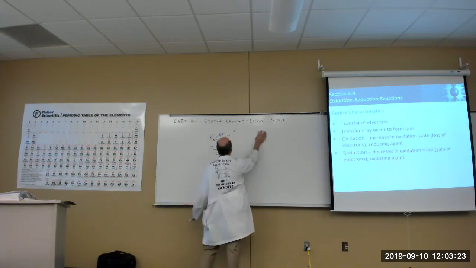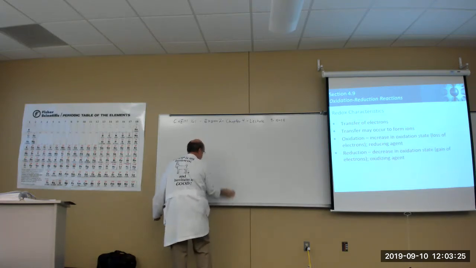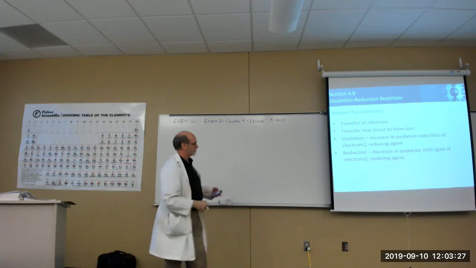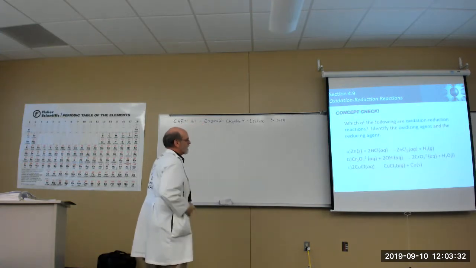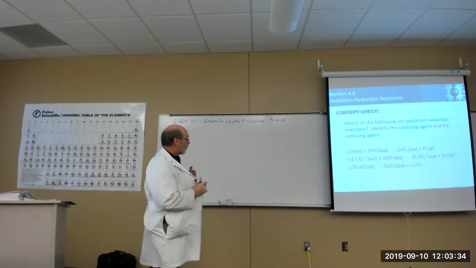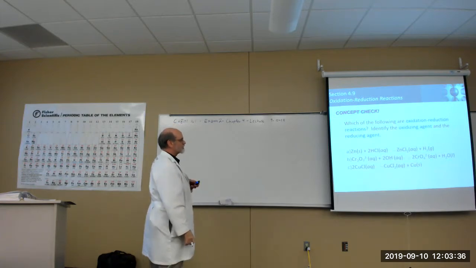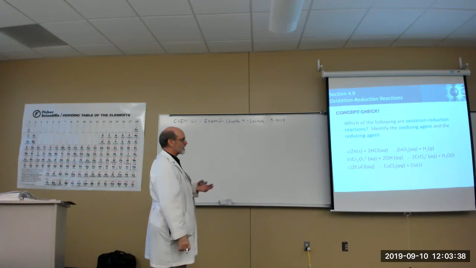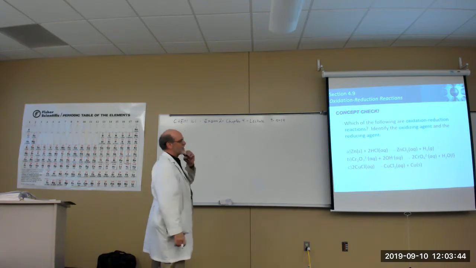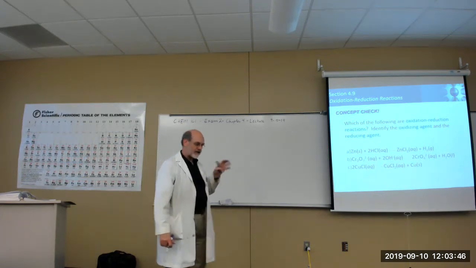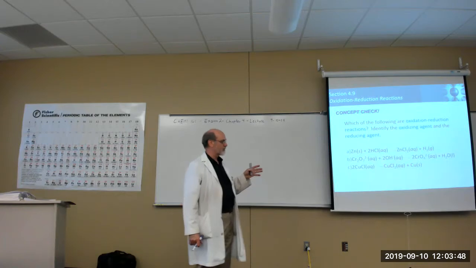So here's what I told you earlier. Oxidation reduction. Now what we want to do is determine which of these is an oxidation reduction reaction and add a definition. One is the oxidizing agent, the other is the reducing agent.